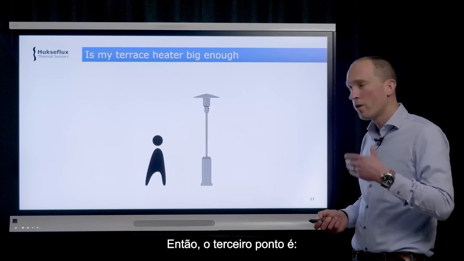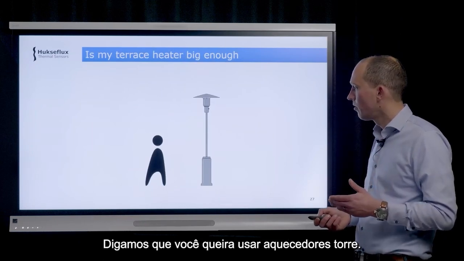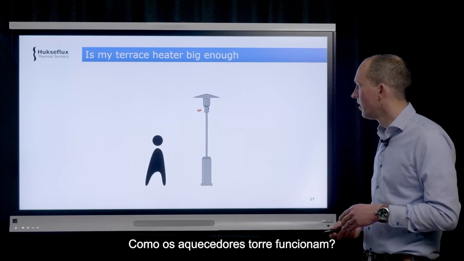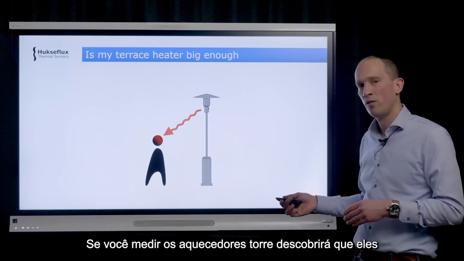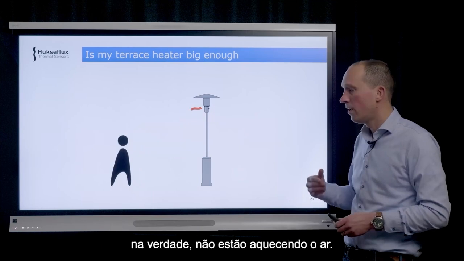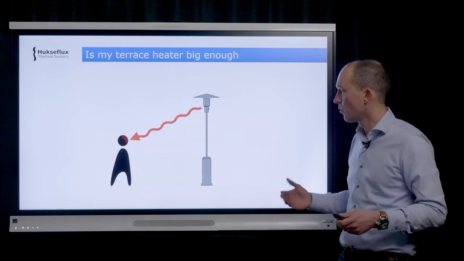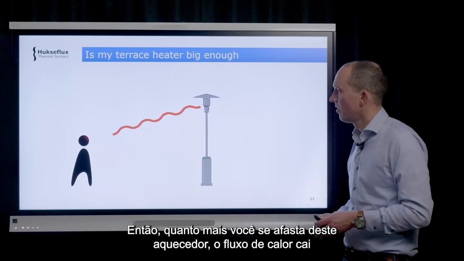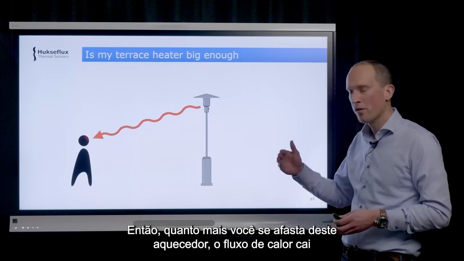So the third point is, let's say you want to use terrace heaters. How do terrace heaters work? If you measure terrace heaters, you will find out they are actually not heating the air, they are radiative sources. So the further you step away from the terrace heater, the more the heat flux drops.